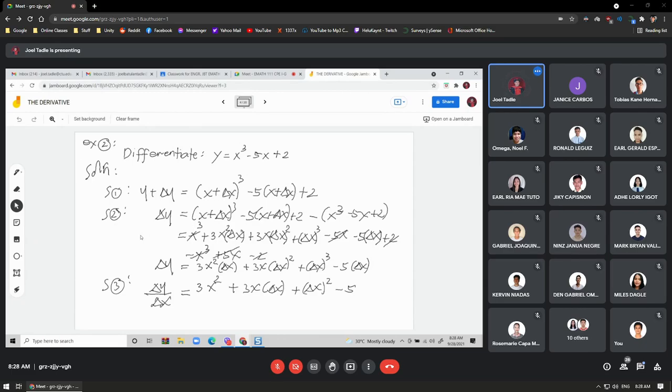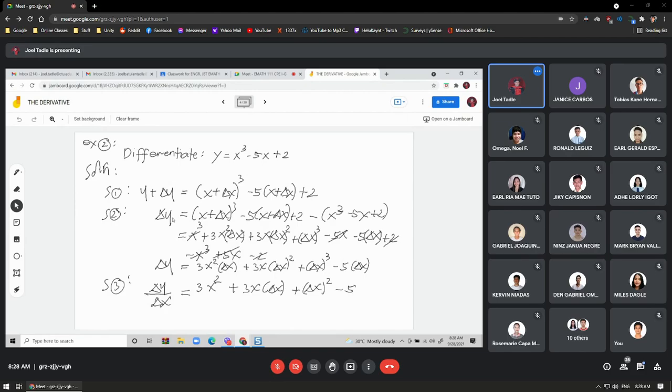Then the next thing to do is to subtract y from y plus delta y to determine delta y. So y minus y is 0, so what remains is just delta y.